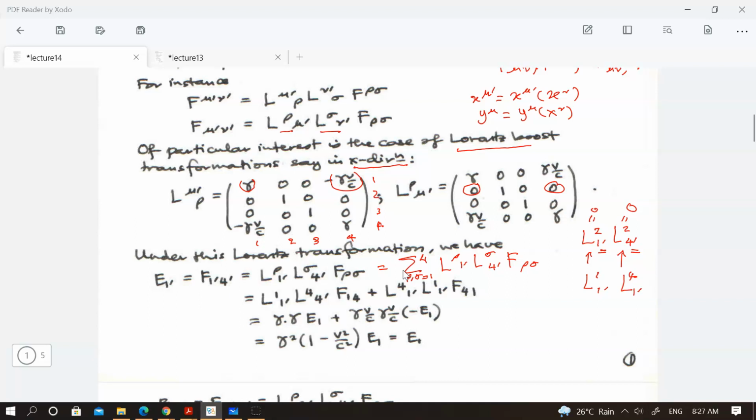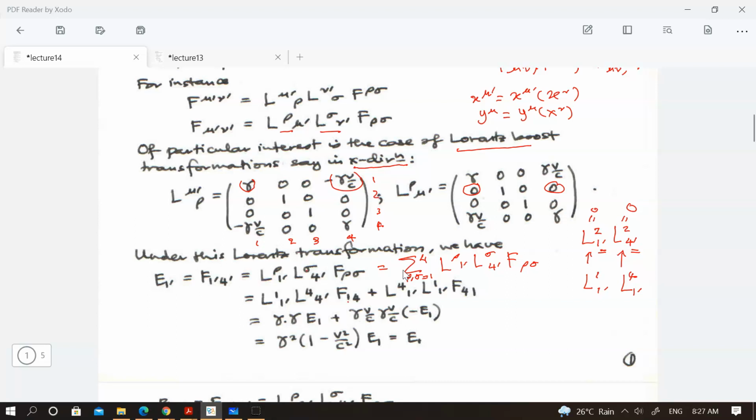Okay, so that is just for one of these indices. Remember you have two Lorentz, inverse Lorentz matrices over here, so you have to make sure that you contract with the right one. Here, for example, L11 dash, L44 dash, and essentially that gives you rho is 1 over here, sigma is 4.